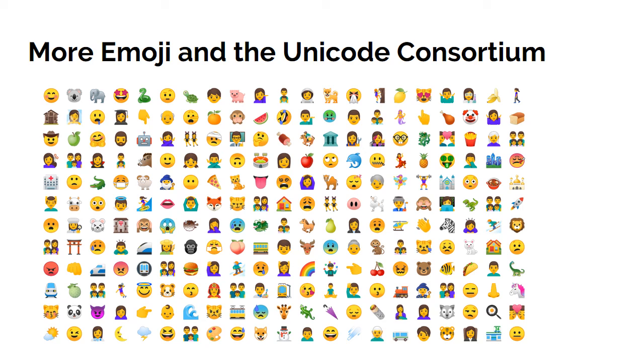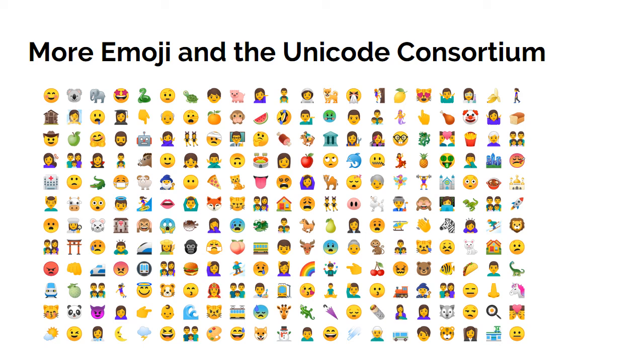Here's just a sampling. What's really interesting about emoji is that they're standardized across computer systems, operating systems, and applications, and that there is what's sometimes referred to as the emoji police, the Unicode Consortium.